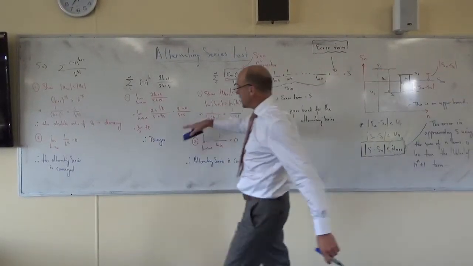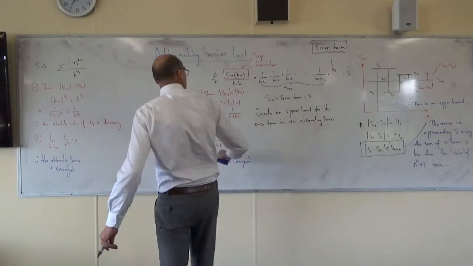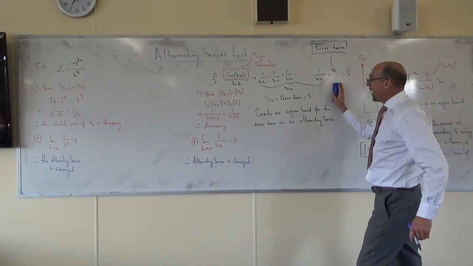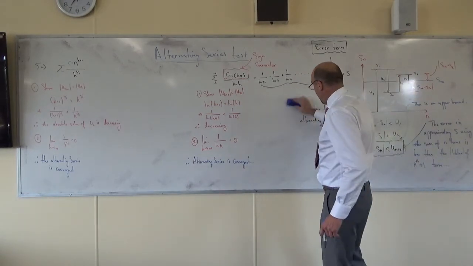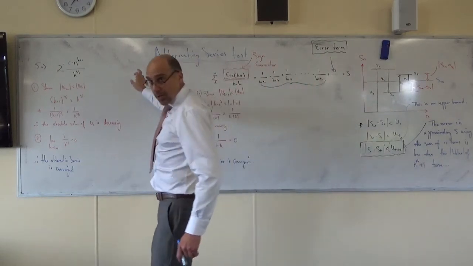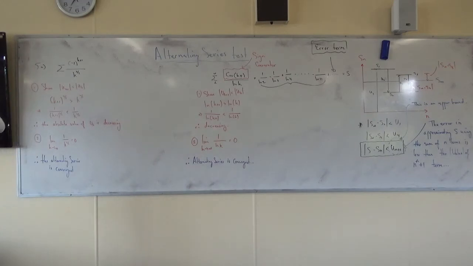Let's rub this off because this one diverges. So of course that's not going to work, and let's just rub this bit off here. Hopefully we've got that down. We're going to create the upper bound now. Let's find the upper bound for the error. Right, first 10 terms. Anyway, we don't need to know what S10 is, do we?